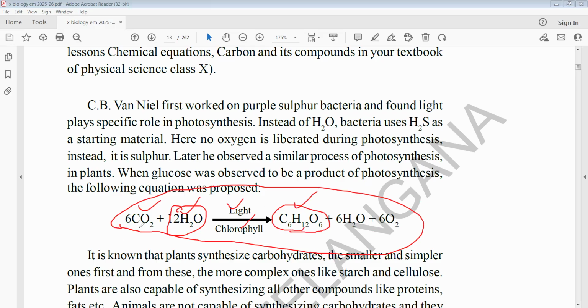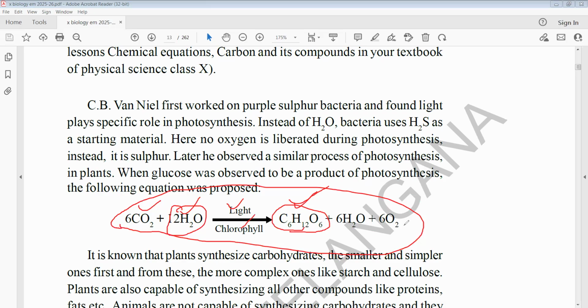There is a question: if 6 CO2 molecules participate, how many glucose molecules are released? Only one. Another question: if 6 glucose molecules are to form, how many carbon dioxide molecules are needed? We can say 36.